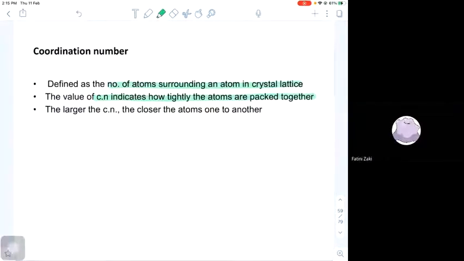The larger the coordination number, the closer the atoms are to one another. We just need to be able to differentiate: when the coordination number is high, the structure of that crystal is more packed, and if it has a lower coordination number, our crystal is not so packed.